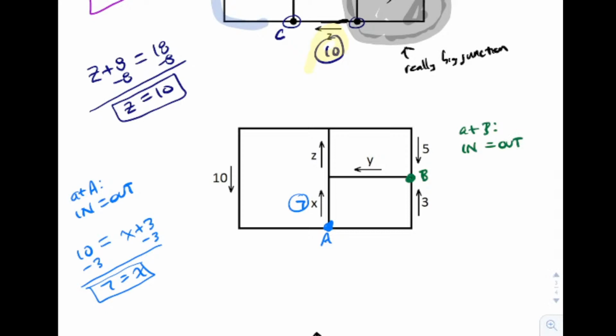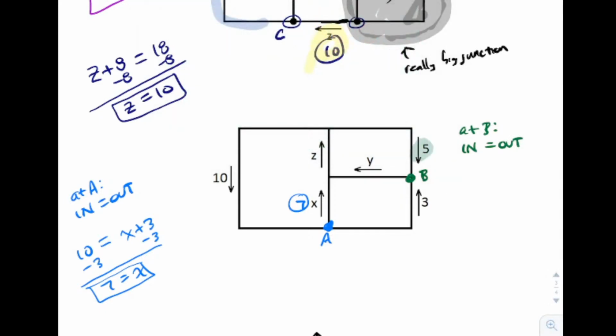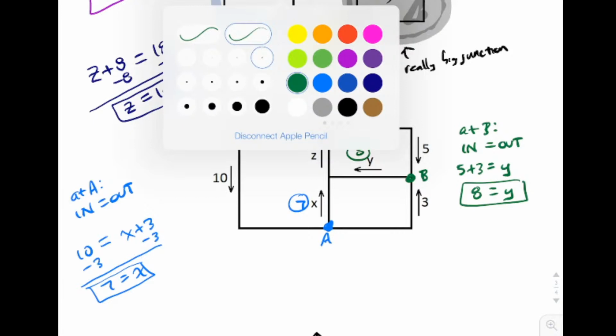The 5 is coming in and the 3 is coming in. Y is going out. So just add the 5 and the 3. Y must be 8. That wasn't bad. Now let me get rid of this.